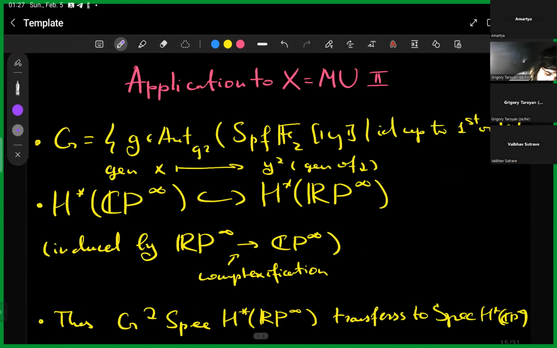Okay, so rehashing what I just said, we have this description of G.